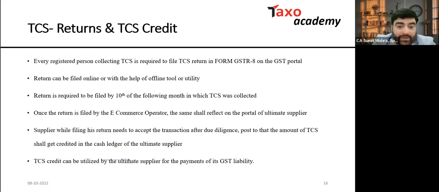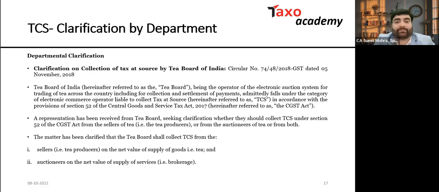So coming to the next, TCS can be utilized by the supplier. See, I have already told you that TCS can be utilized by the supplier for paying his own liability. Now coming to some clarification, I think it's just for knowledge purposes.